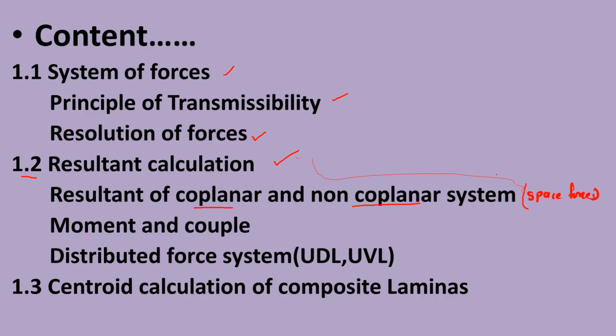Then we will study moment and couple and distributed force systems. In the distributed force system, we will study the meaning of UDL and UVL. UDL means uniformly distributed load, and UVL means uniformly varying load. In section 1.3, you will study the centroid, the centroid calculation of composite laminas. So this is your overall content of module 1.